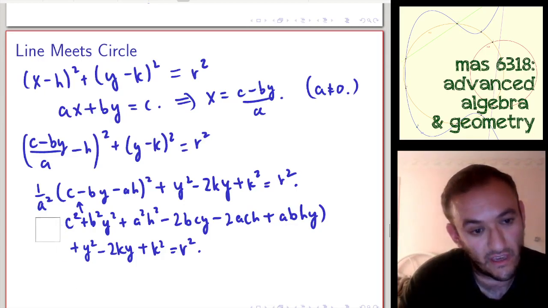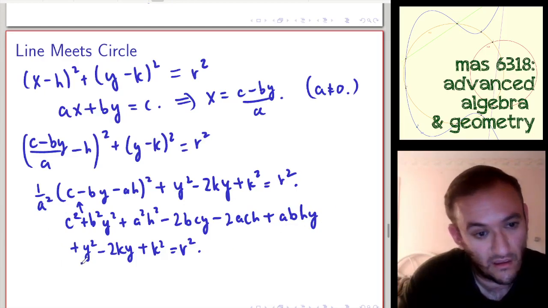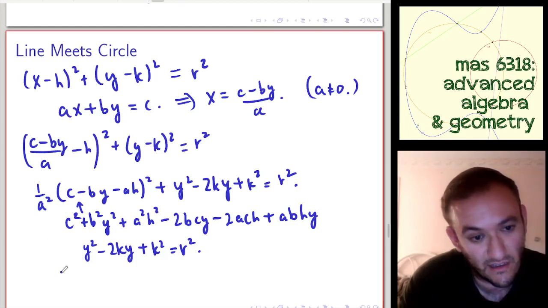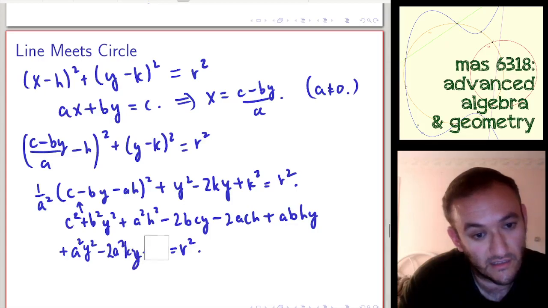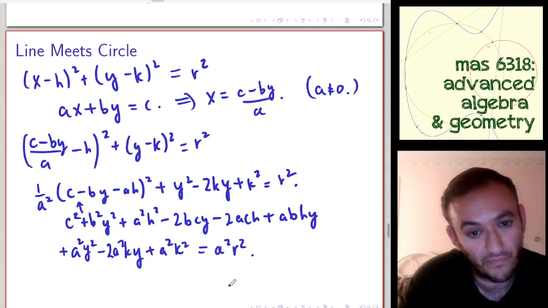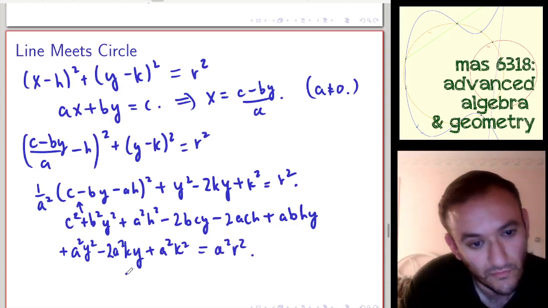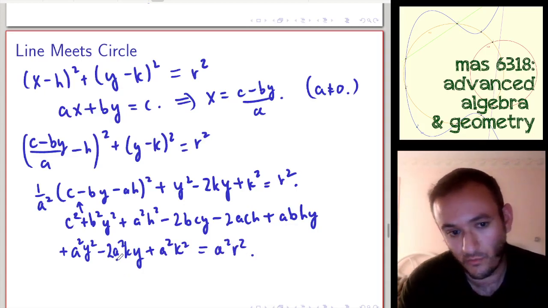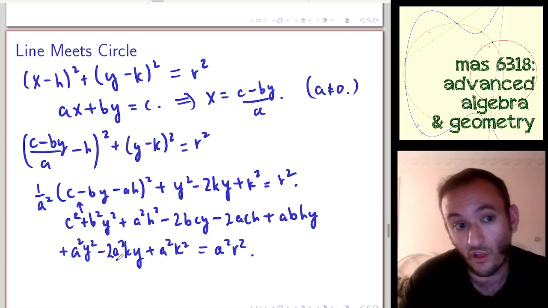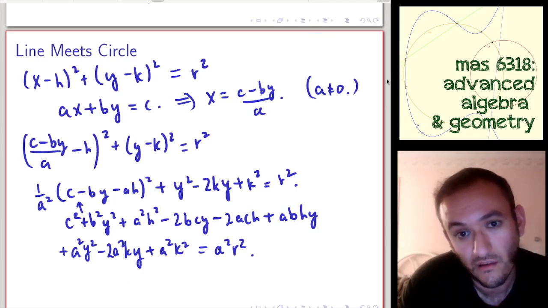So that gets rid of the 1 over a squared here, and we have to multiply the rest of the stuff: a squared y squared minus 2a squared ky plus a squared k squared equals a squared r squared. Okay, fine. So now we've got to keep in mind that we're trying to solve for y.